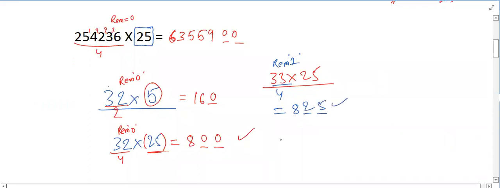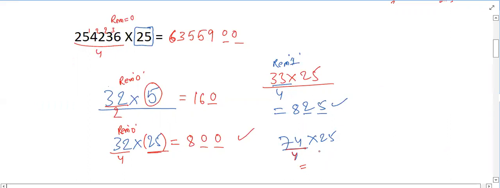Suppose the question is like 74 into 25. So instead of multiplying by 25 directly, we'll divide this number by 4. And the remainder possibilities are... how many times does it go in 74? I think it is 16 fours, not 16, right?